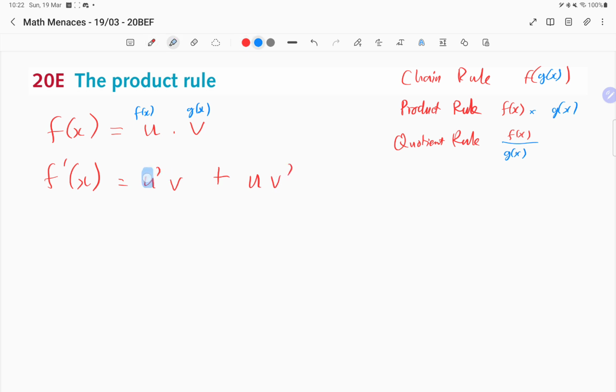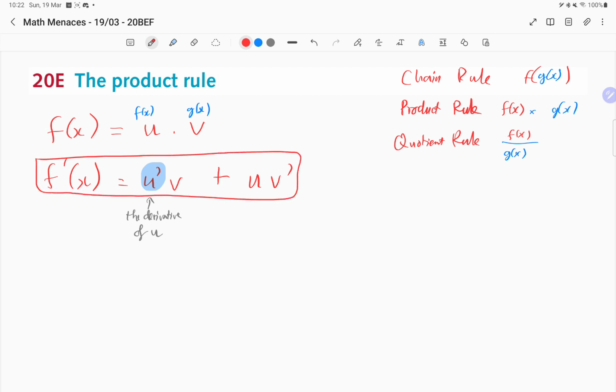Okay, so note that u dash means the derivative of u, right? So this is the derivative of u, okay? And so v dash is the derivative of v, vice versa, right? But basically this is a rule that you guys have to remember. That's it, that's literally the product rule.